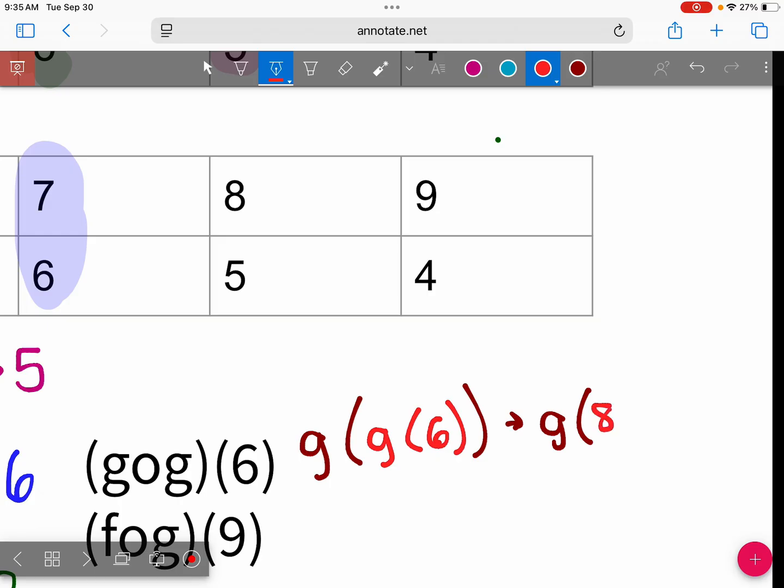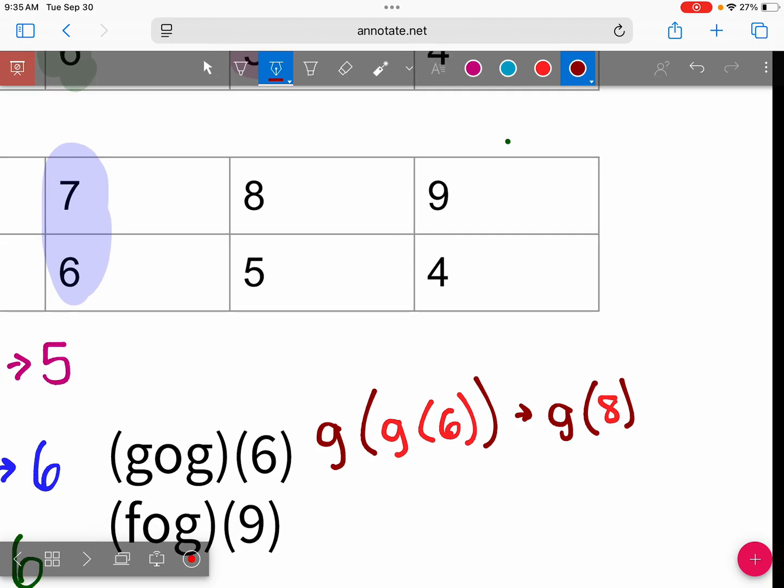It is not 6. It's 5. It is 5, because g of 8 is this one over here. Actually, I want this to be darker. So g of 8 actually equals 5.